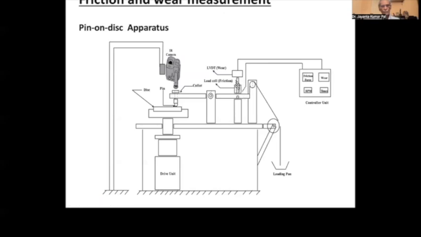There is another very important parameter that is usually measured, and that is the contact temperature. As it wears, very high temperatures are generated here at the contact between the pin and the disc. And this contact temperature can be measured using an infrared camera.